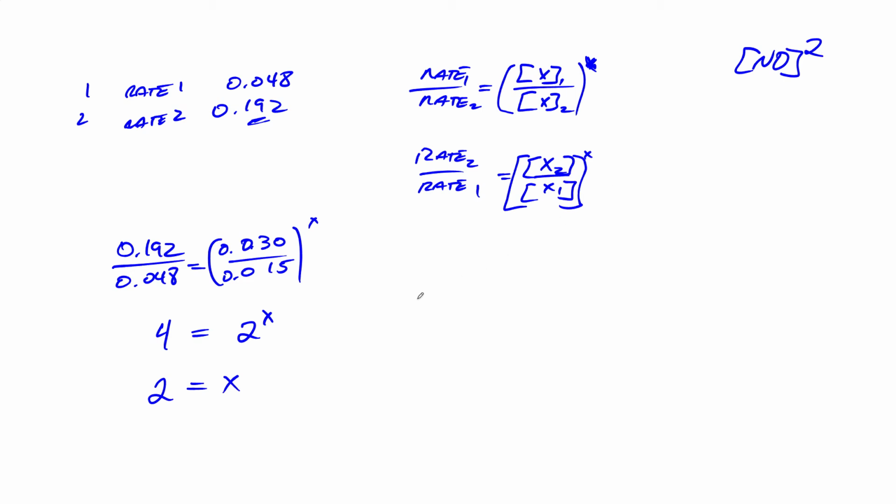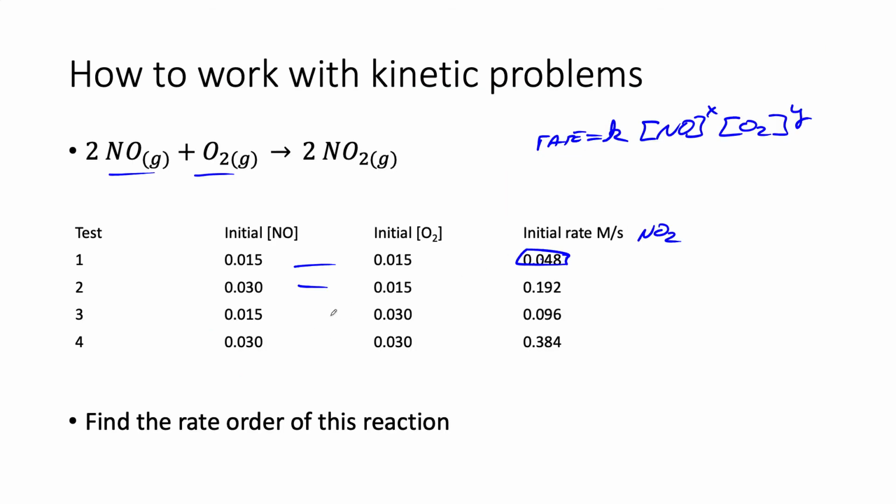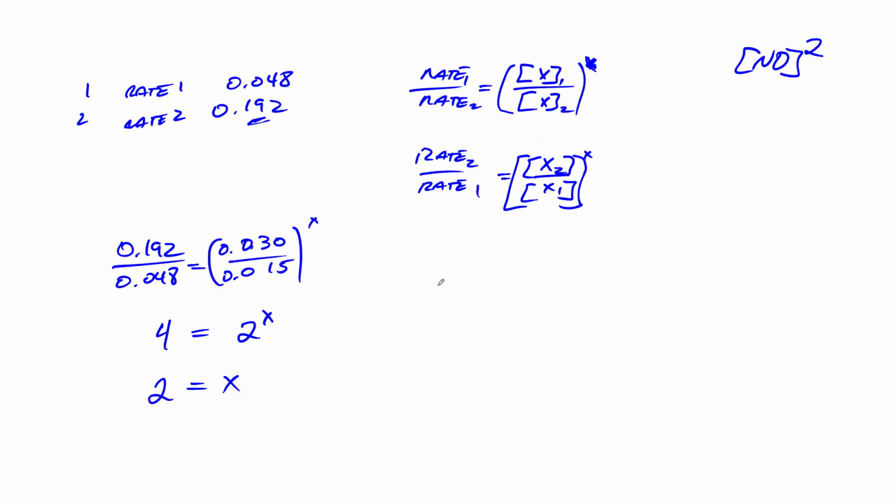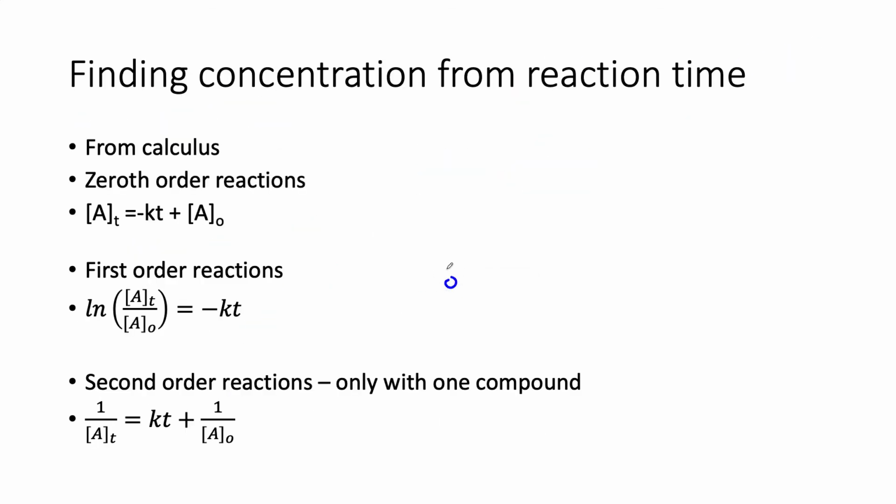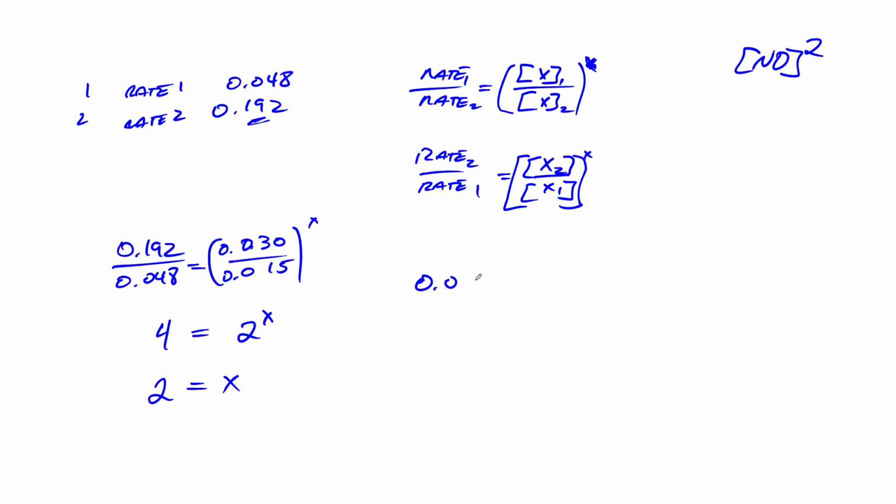Do the same thing with oxygen. Now we're going to come back and decide which one to do. We had two choices: either 2 and 4 or 1 and 3. Let's look at 1 and 3. Experiment 3 has the highest concentration, that's 0.096, divided by 0.048.